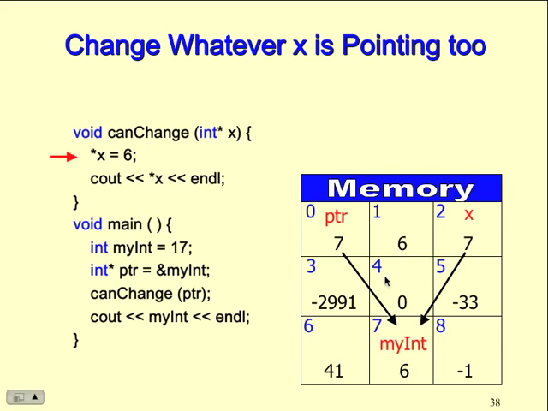Nifty, handy for linked lists. A linked list is nothing more than a bunch of pointers. You create a bunch of pointer variables called nodes, and a node could be a structure or a class or something, and it carries two things. It carries a value, and then it carries a pointer to the next memory address. They call it a linked list because each node only knows about its neighbors. So one item in the list follows to the next neighbor, and then that one follows to the next neighbor, and so on.